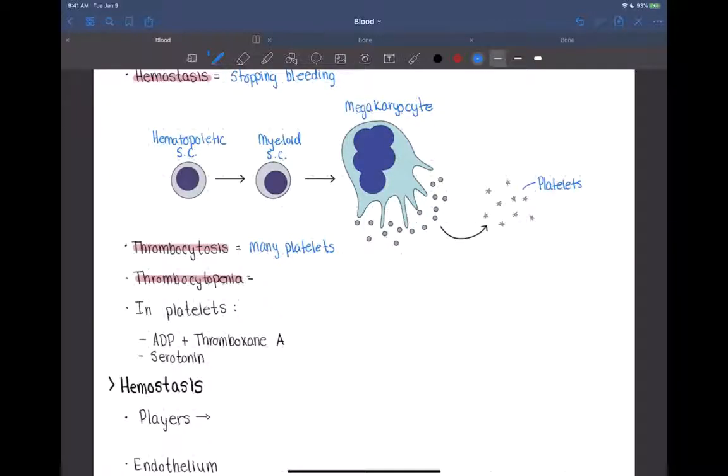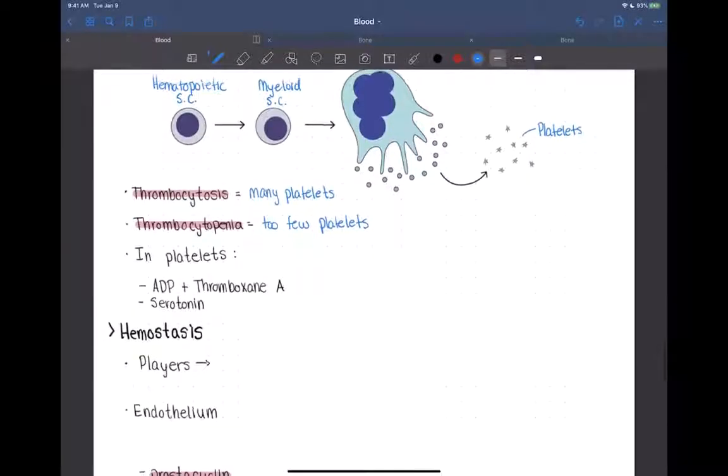All right, and then there's thrombocytopenia. Okay, so this is too few platelets. And so someone with too few platelets, you would be concerned about bleeding or them not being able to stop bleeding if they have like a wound or something. All right, so excessive bleeding.